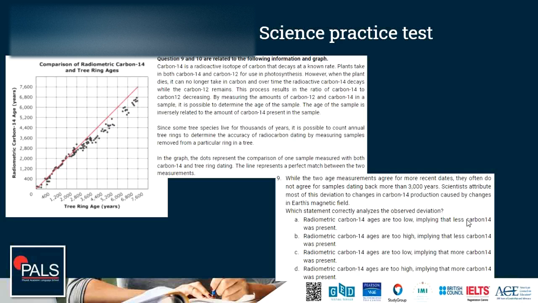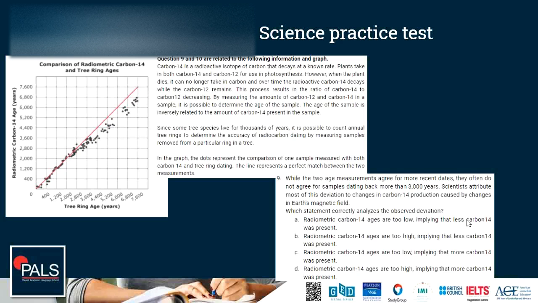So again, what happens over time with carbon-14? Over time, carbon-14 decays. That means it breaks down, which means the lower the amount of carbon-14, the older is the sample that we are looking at. In our case, the age is too young compared to what it really is, which means carbon-14 is too high.